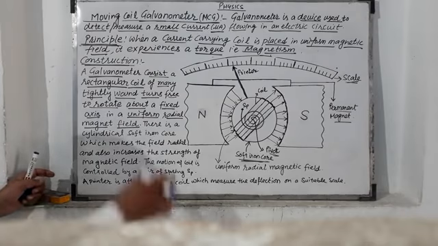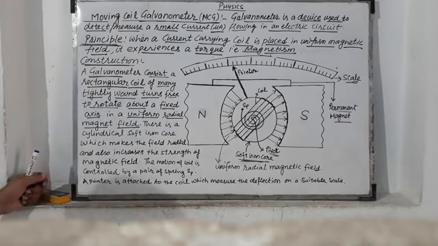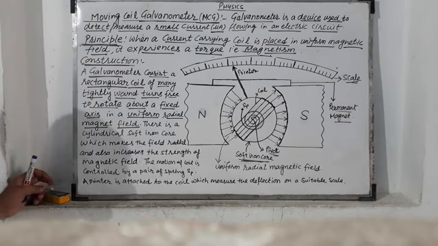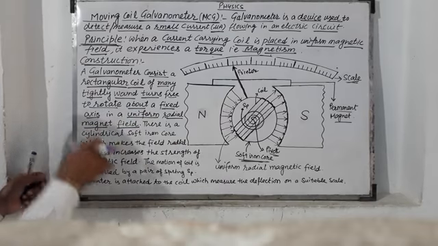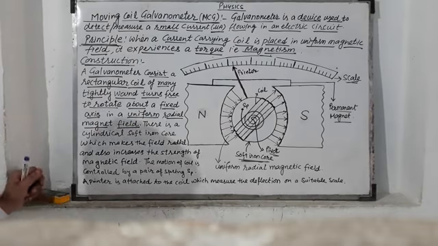What is the advantage of a radial magnetic field? Radius is always perpendicular to the circumference, so theta is equal to 90 degree, and in this case we get maximum torque. Always remember that a uniform radial magnetic field gives an angle of 90 degree, so tau is maximum.